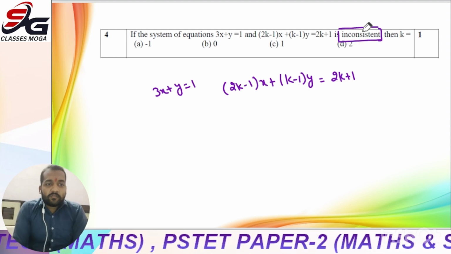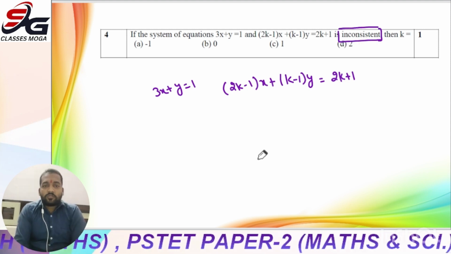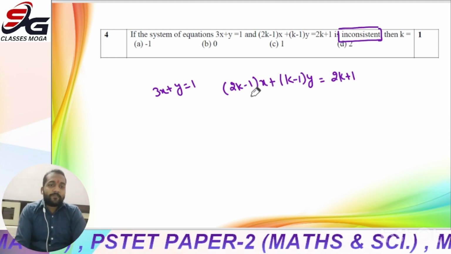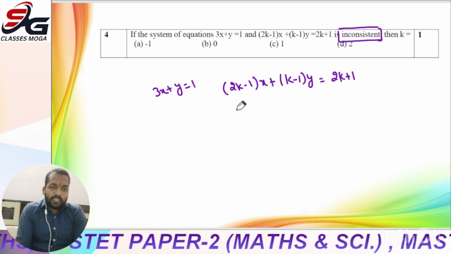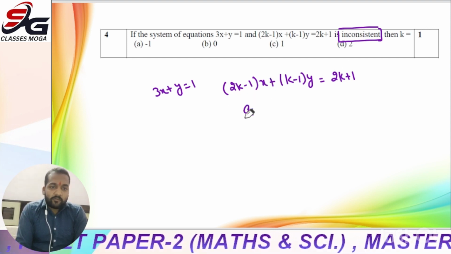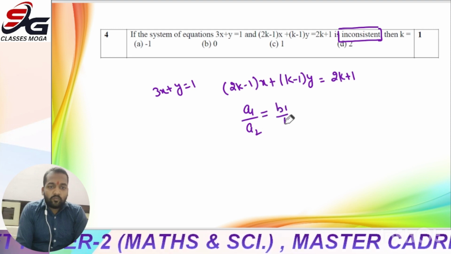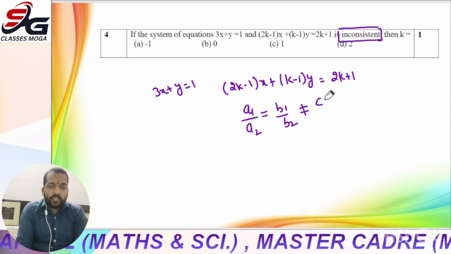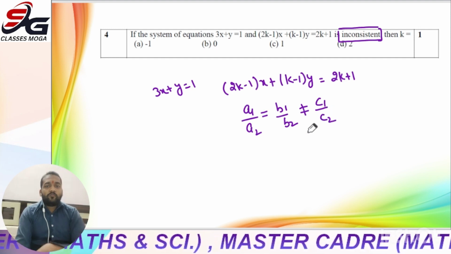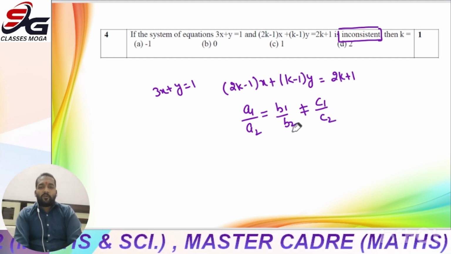Students, the system of equations which have no solution is called inconsistent. So we know the condition that if equations are inconsistent, then a1 over a2 is equal to b1 over b2, but not equal to c1 over c2. So now we have to find the value of k.